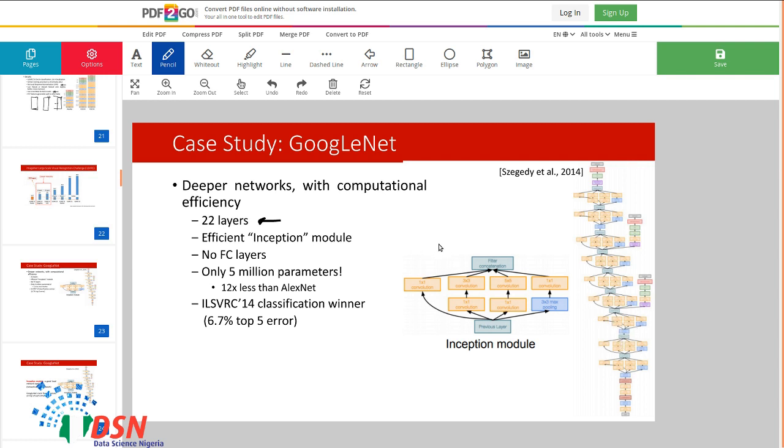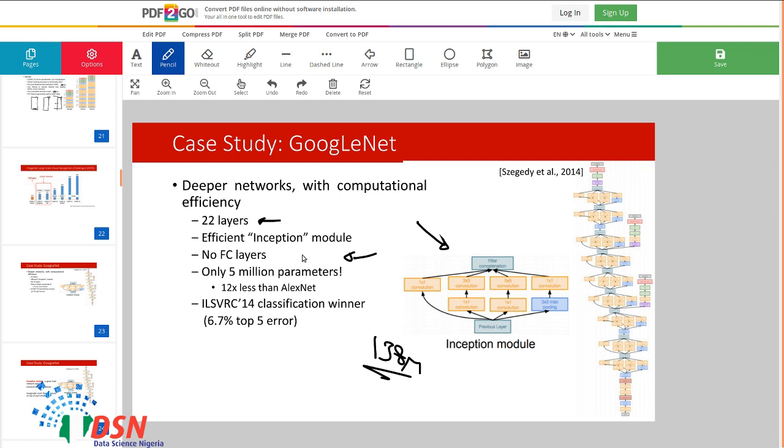We call them modules, or so they call them inception modules. And as you could see, GoogleNet has only 5 million parameters. So in VGGNet we had 138 million parameters, so it has only 5 million parameters.